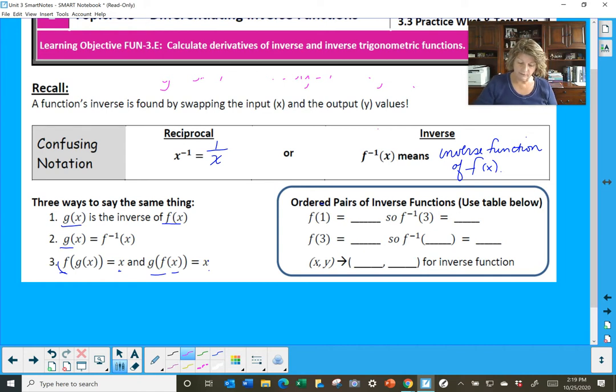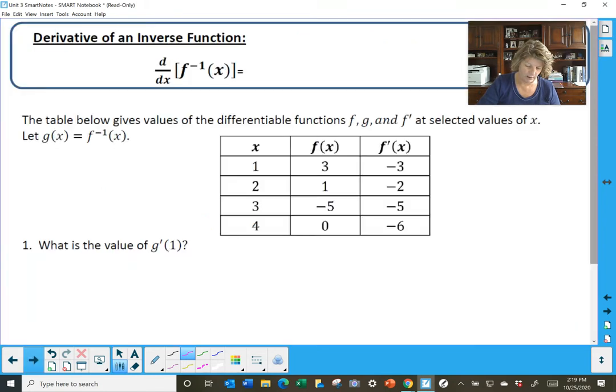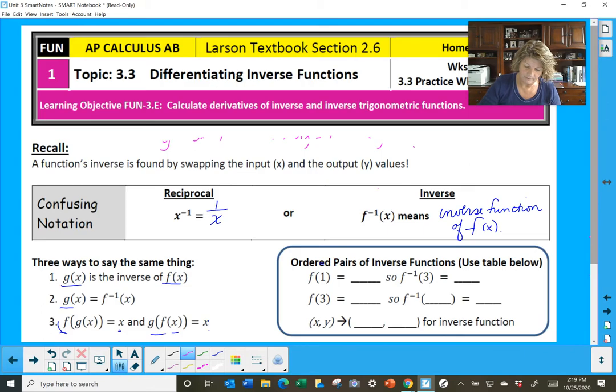Ordered pairs of inverse functions. So if we use the table below, and my table is not showing up on this screen, darn it. If we use the table below, I can find out that f of 1 is 3. So then if I look at the inverse function evaluated at 3, it should have a y value of 1 because the domain and range flip-flop.